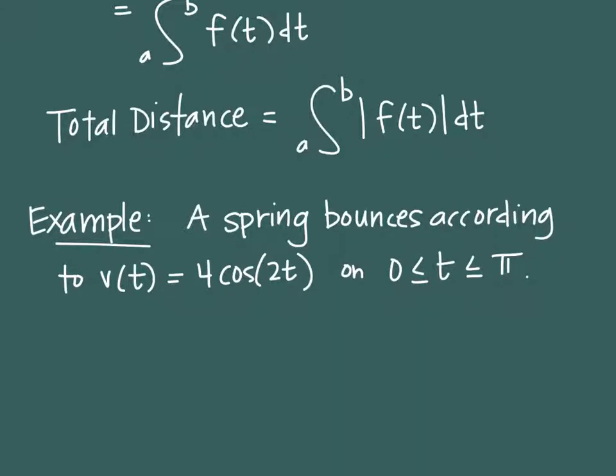So we just have a spring that's set in motion, bouncing up and down and up and down, so it's a physics problem. We know its velocity, but from its velocity, how can we figure out its distance? How much distance is it covering as it's bouncing?